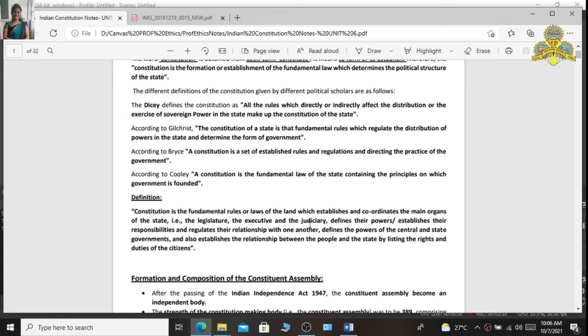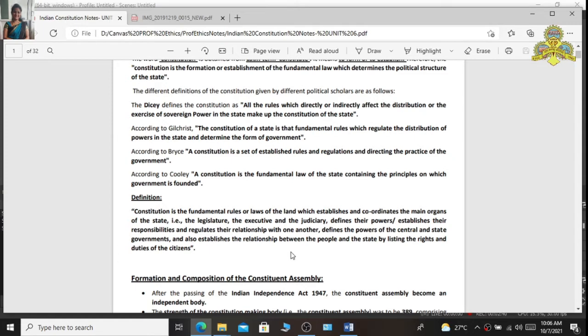It also defines their powers, establishes their responsibilities and regulates their relationship with one another. And it also defines the powers of central as well as state governments and establishes the relationship between them.